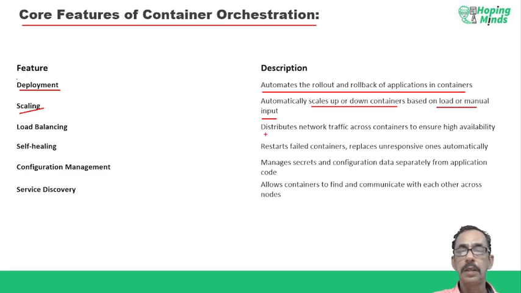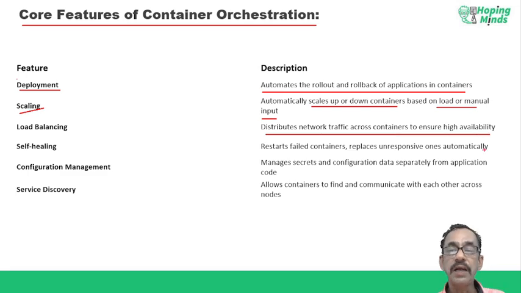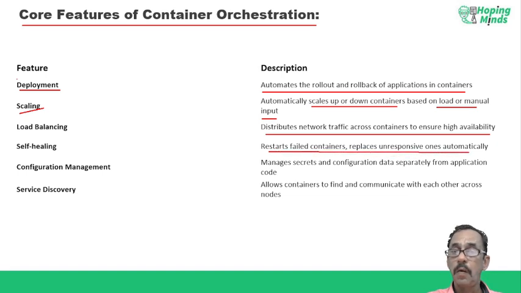Load balancing: distribute the network traffic across containers to ensure high availability. Self-healing, you can understand well: restart failed containers and replace unresponsive ones automatically.